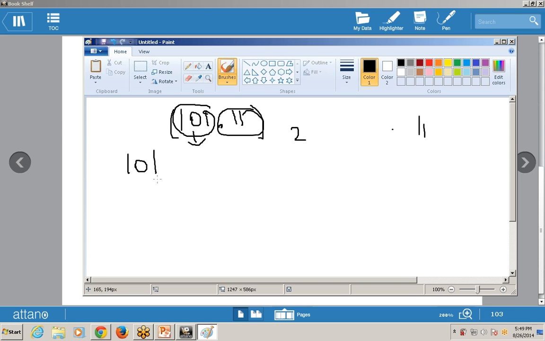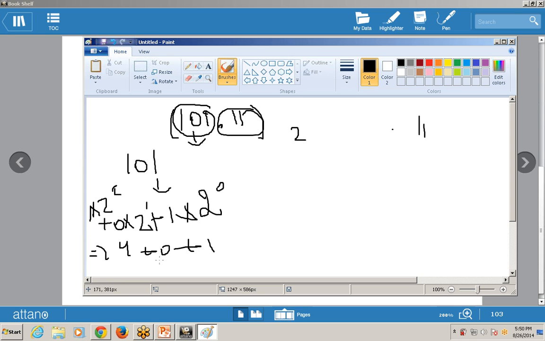First of all, take the integer part and use the same representation: 2 power 0 into 1 plus 2 power 1 into 0 plus 2 power 2 into 1. So this is 1 plus 0 plus 4, that is your 5, right?